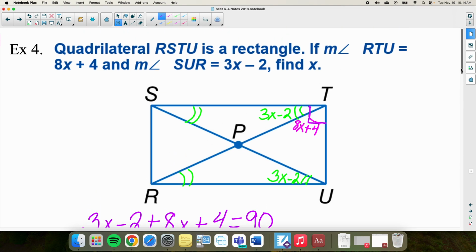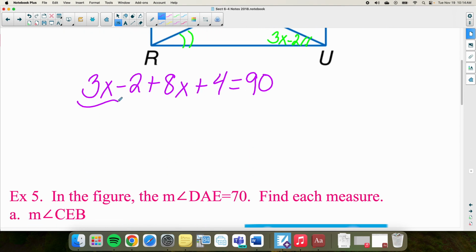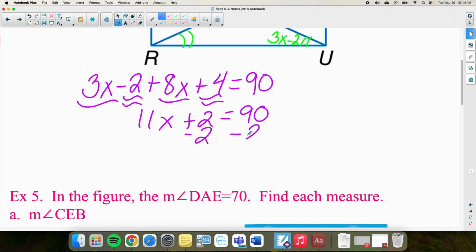And then what we would do, 3x plus 8x is 11x. Negative 2 plus 4 is 2, and that equals 90. Subtract 2, and 11x equals 88. Divide by 11, and x is 8.